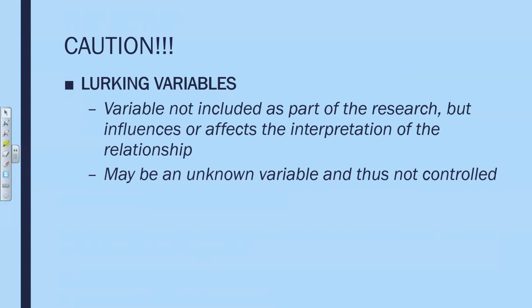But sometimes there's something that we don't think about, or something we think about but can't control. That's called a lurking variable. It's kind of in the background, it's going on, and it could affect your results. Again, we try to control it if we can, but if we can't, we simply document that the results will be affected by the fact that rose bush A got more sunlight than rose bush B.